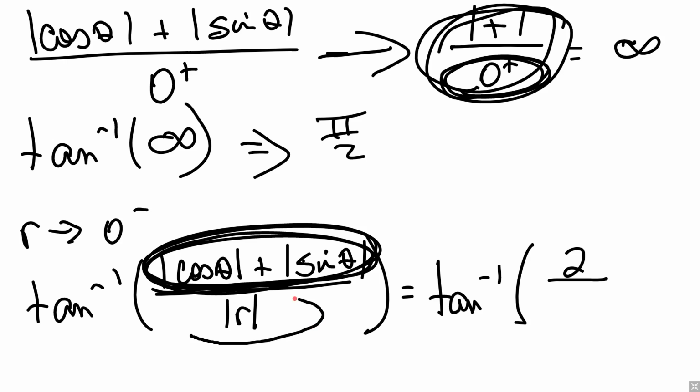Over, for the denominator, that's going to be 0, but it's going to be what? Negative? Well, let's think about it. We're doing the absolute value of it, so it's going to be what? Zero.